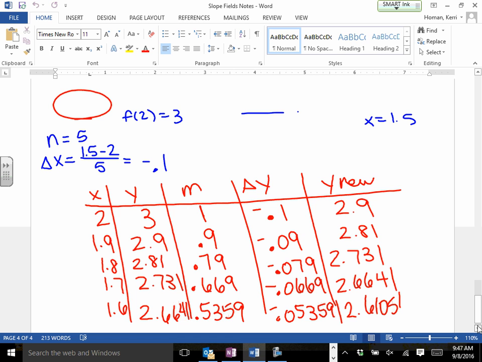Okay, so that means, I don't have enough room and I can't scroll up. But what's happening is when x is 1.5, our y value is 2.61051.